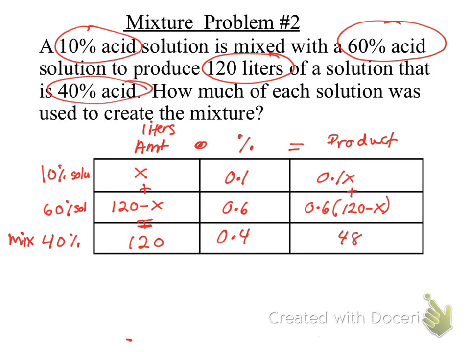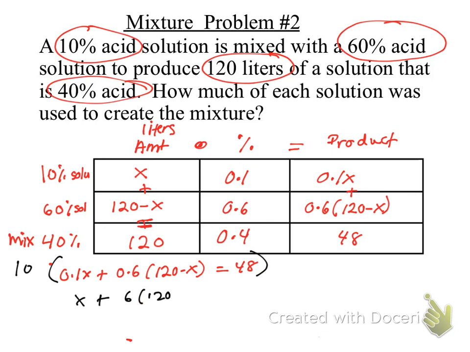So the equation is 0.1x plus 0.6 times 120 minus x equals 48. And then multiplying by 10, I get x plus 6 times 120 minus x equals 480.